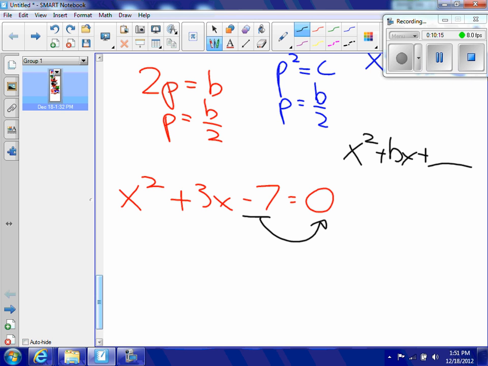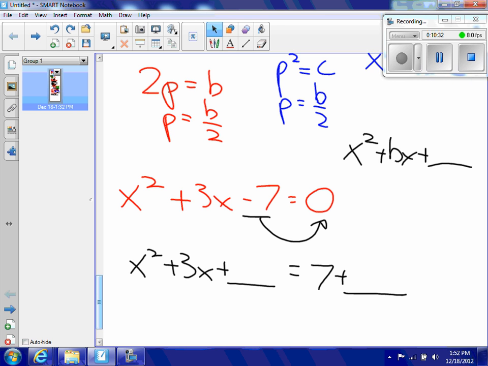I like to park it on the other side just to get it out of the way. So I wind up with x squared plus 3x plus blank is equal to 7 plus blank. And I put the two blanks on either side of the equation because whatever I add to one side, I'm going to add to the other side.